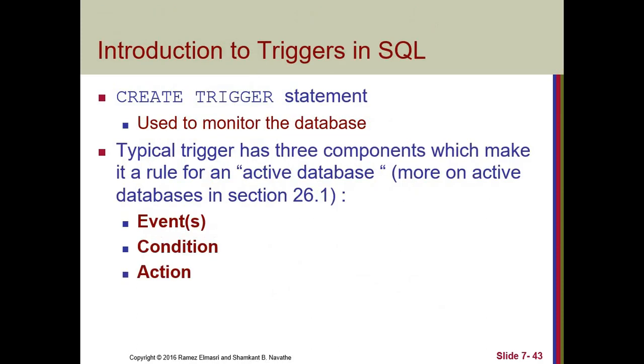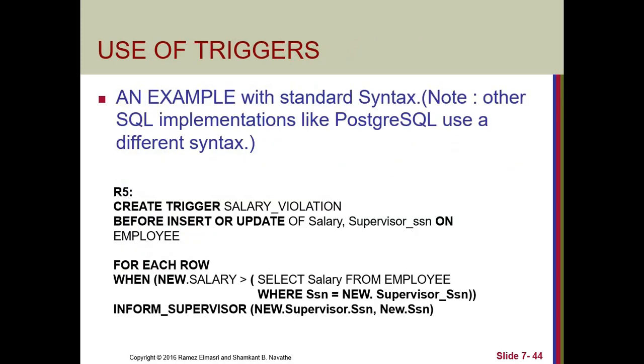Again, think of a trigger in terms of an if function for programming, where nothing happens unless a condition is met. Here is standard syntax on how to find out if a condition is met using a trigger. Here, if a new hire is greater than a certain employee, salary-wise that is, the supervisor is alerted of this violation.